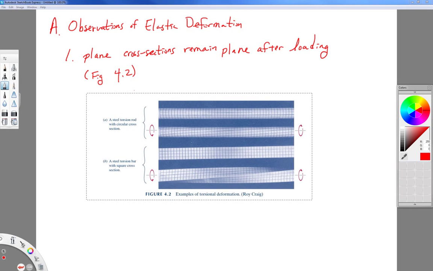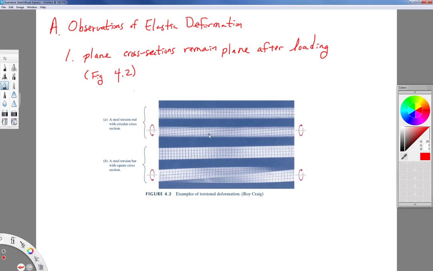The first one is that plane cross sections remain plane after loading. And I've copied this picture out of our book. It's on page 238, figure 4.2. On the top of this picture, what we see is a bar that has a circular cross section before any torsion is applied to it.